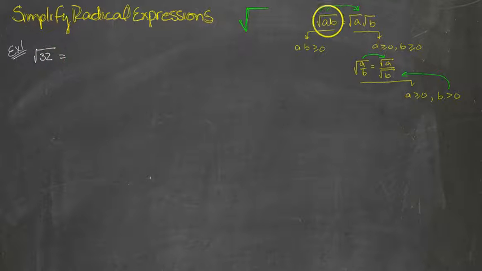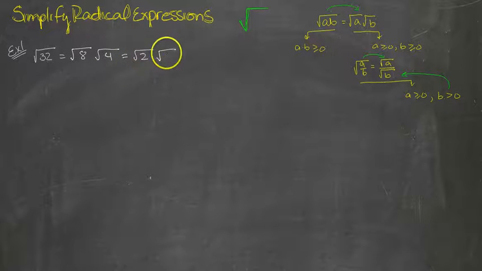I can use this first property to write this as the square root of 2 times the square root of 16, which actually turns out to be the best choice, so let's choose another one first. 8 times the square root of 4. All right, that's not a bad choice. I can also write it, as I've already alluded to, as the square root of 2 times the square root of 16.